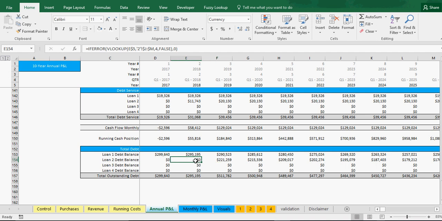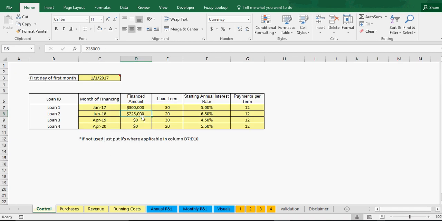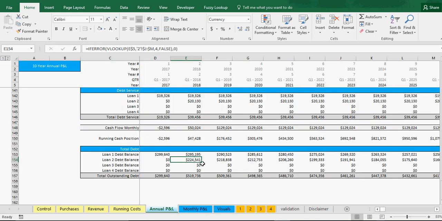Oh. Now here's a little bit of a discrepancy. And it's just a formula. It's just how it kind of works. It's looking up the first day of the year on each of these. So in 2018 in January, we actually got this loan out in June. Now if we put this back to January, you would see it would then come into 2018.